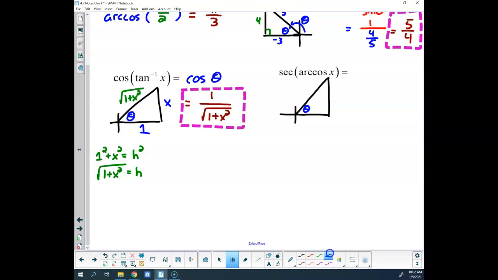Cosine is adjacent over hypotenuse. This time, set it up and run the Pythagorean theorem on it. 1 equals x squared plus b squared, so b squared is 1 minus x squared.